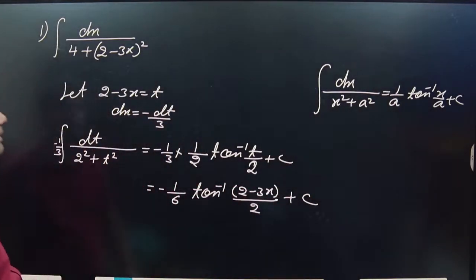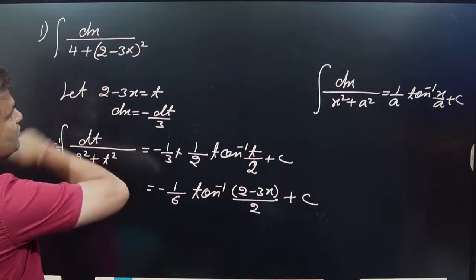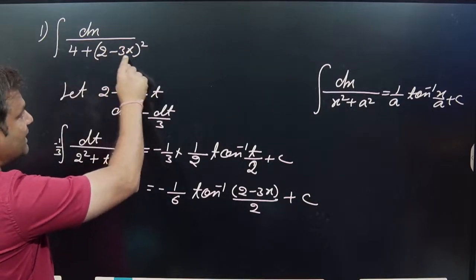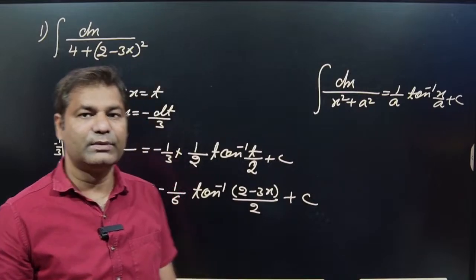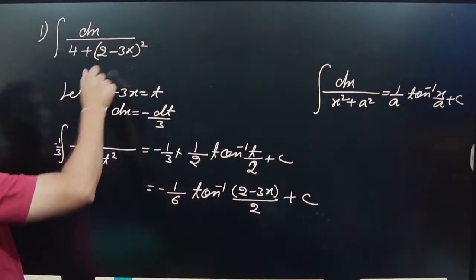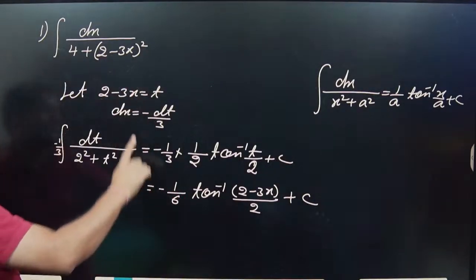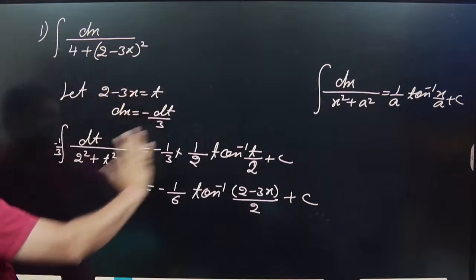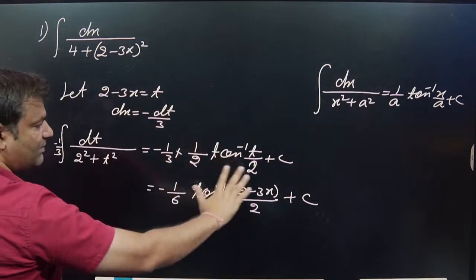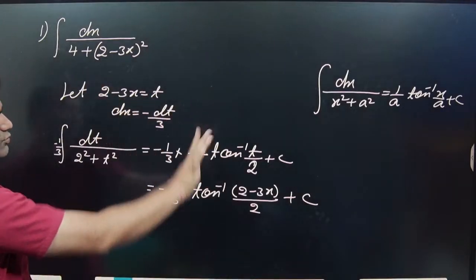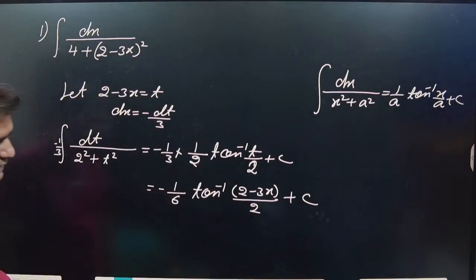But a is 2, and what about x? x is 2 minus 3x. So first of all, that's why we have taken this one as t. If this one is replaced by t, it is very similar to that one, so simply apply that formula here, and after that t is replaced by 2 minus 3x. Okay, then we get the final answer.